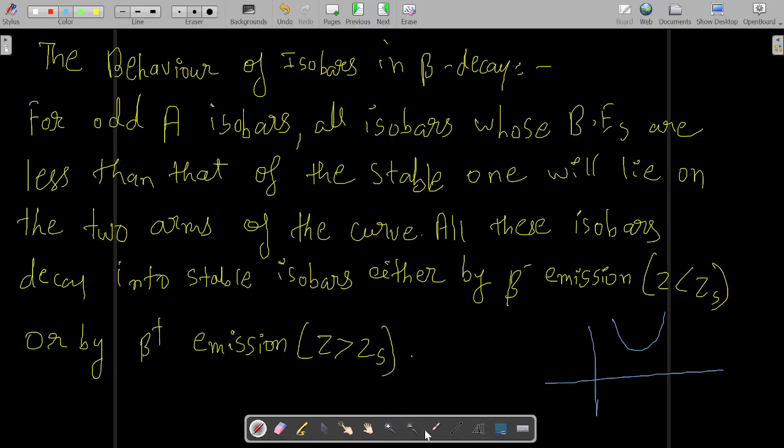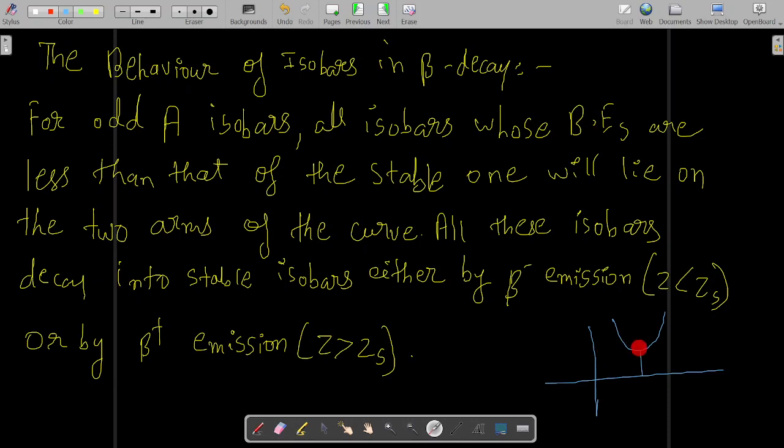So for odd A isobars, what is it saying? For odd A isobars, all isobars whose binding energies are less than that of the stable one will lie on the two arms of the curve.